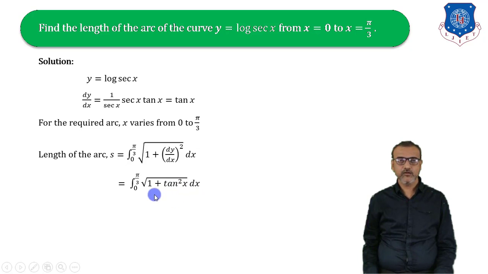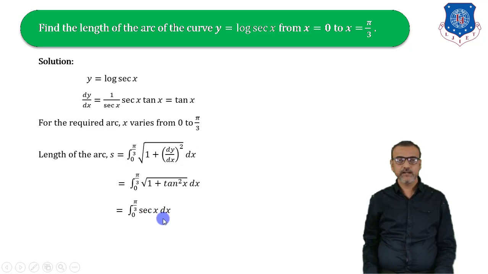Now all of you know the formula 1 plus tan square x is sec square x, so the square root of sec square x is sec x. So this equals integration from 0 to pi by 3 sec x dx.